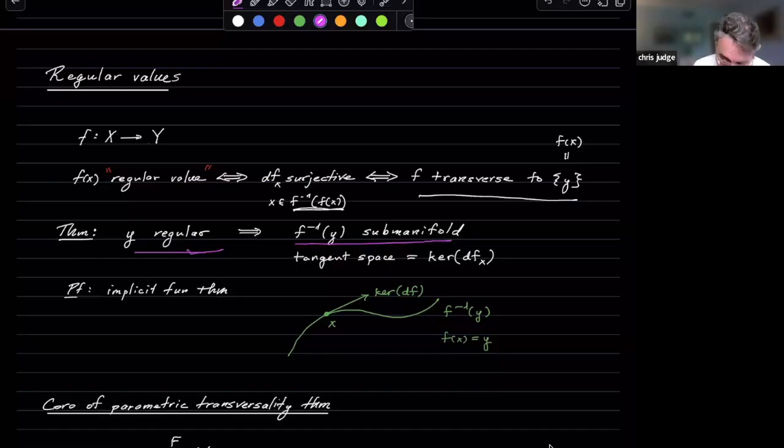And so what we're saying is that we have this level set, and this is a submanifold. In the implicit function theorem, we just need to check that the differential in this direction is surjective, but it is because the whole thing is surjective. Okay. So the tangent space, by the way, to this curve, we all know that if you take a level set, then the tangent space is actually the kernel of the differential.